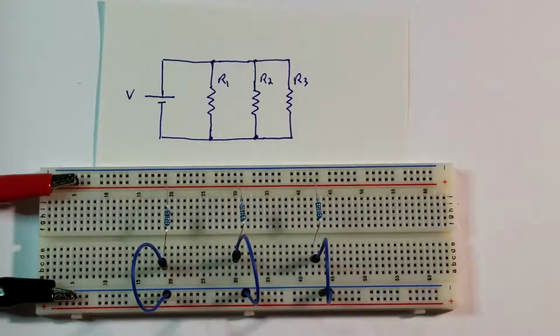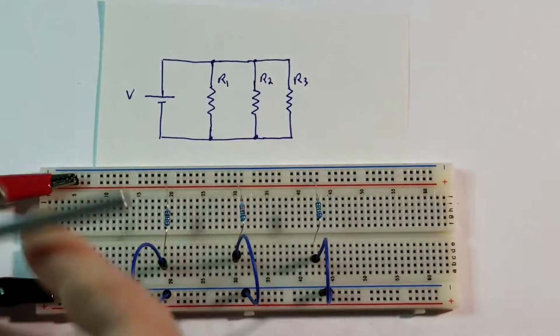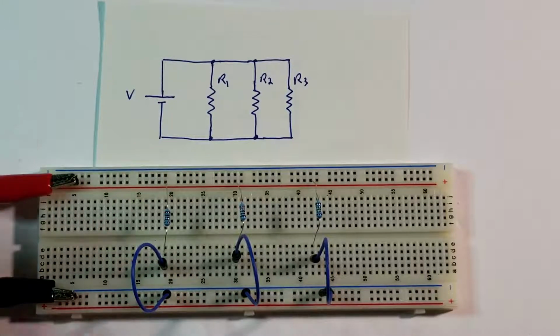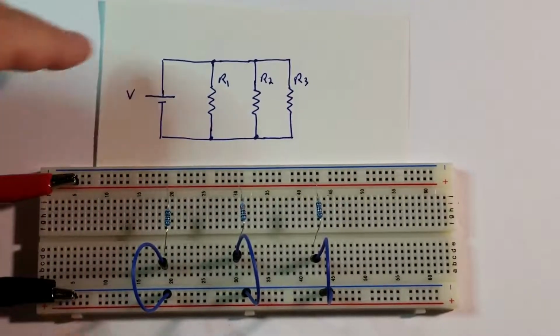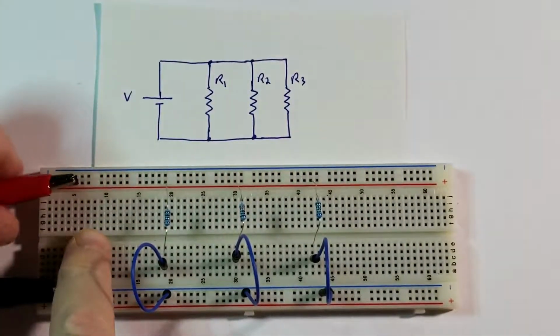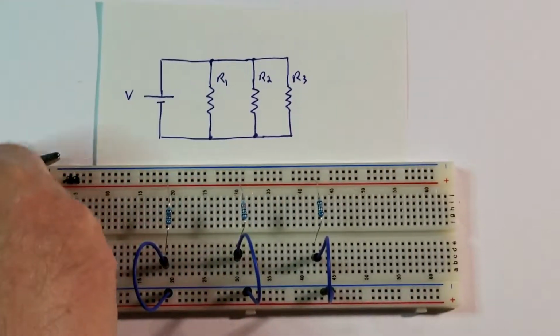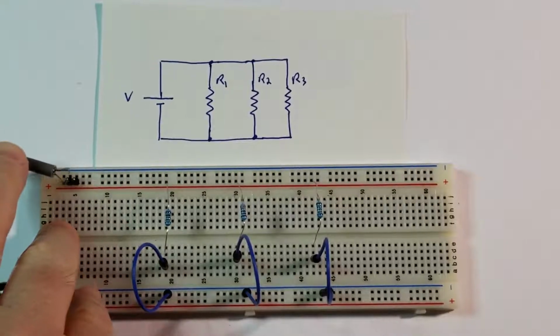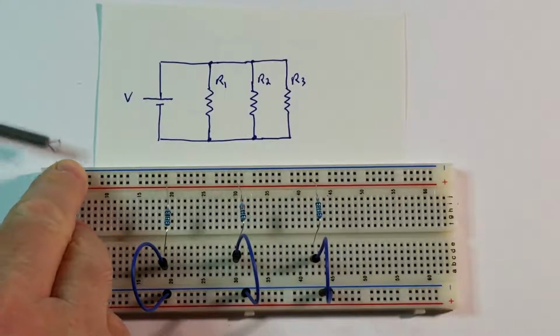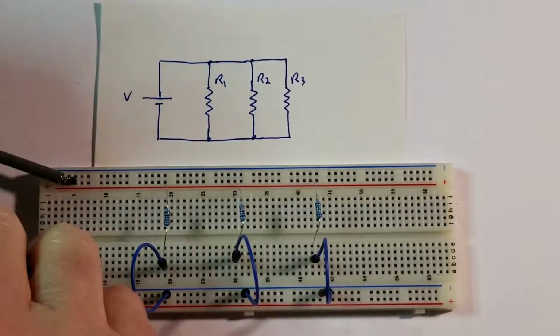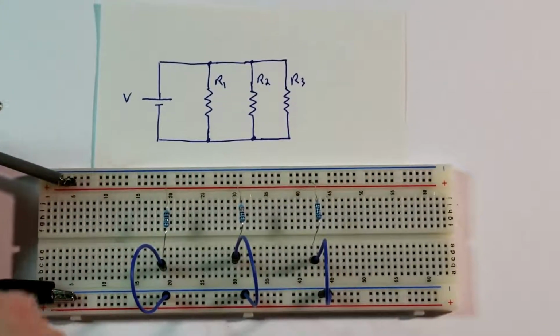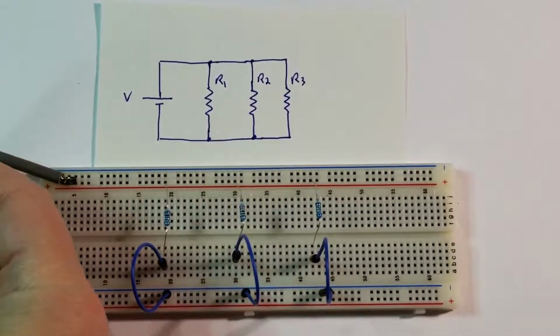If I want to measure it, I'm gonna take these clips from the ammeter. I'm gonna break the circuit right over here on the top. So here, I will put the ammeter, and the other end of the power supply will be connected to the ammeter.